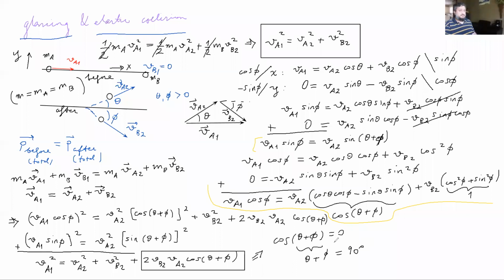All right, so it turns out that if the collision is glancing and elastic and the masses are the same, then the angle between the two after velocities will be 90 degrees. This will not happen if the masses are not the same, then we won't be able to get rid of them, okay? So we have to solve the equations, you know.